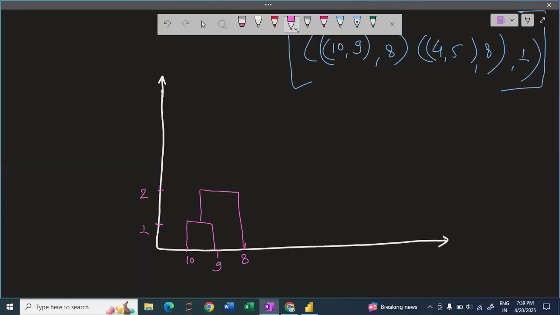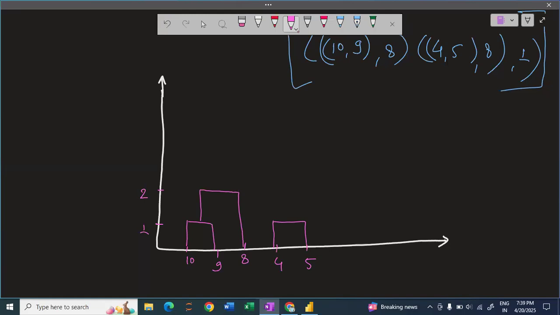Now we have 4 and 5. Okay, so now we have 4 and 5 data points. And the distance is 1. It will look like this. And it is connected with 8. So this is your complete one cluster. We don't have any 3 cluster here or 2 cluster here.